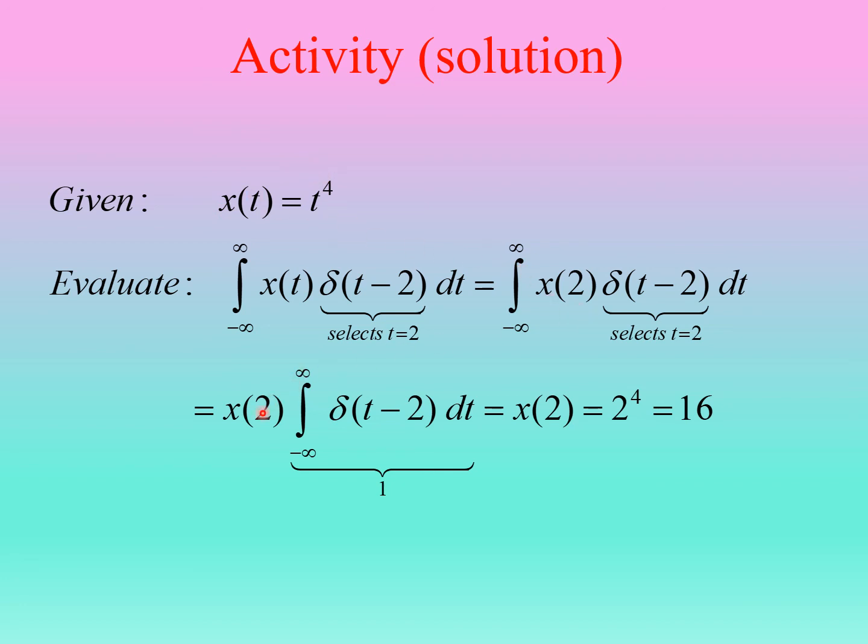So we can pull the x of 2 out in front of the integral. It's no longer a function, it's just a number. And then of course this integral, what's left here, has a value of 1 because it's the area under the curve of this delta function, which is always 1. So our answer is x evaluated at 2, so we have 2 to the 4th power, which is 16.